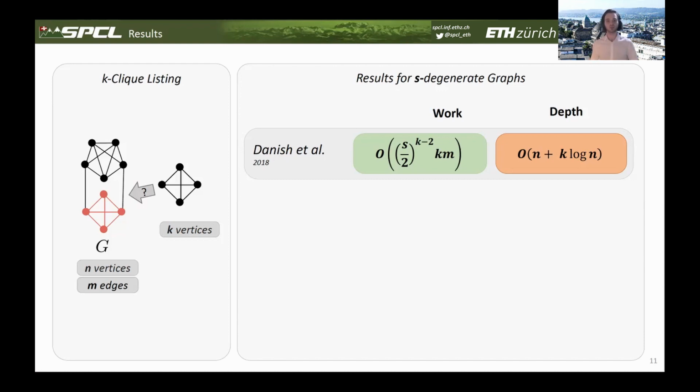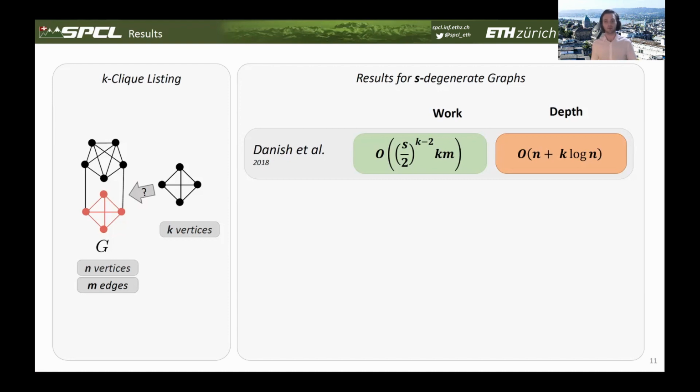Danisch et al. also presented an algorithm for s-degenerate graphs, which has a work which is much better than naive. The work is now exponential in s/2, so it's (s/2)^(k-2), which is the leading exponential term, and then there is a factor of the clique size times the number of edges.